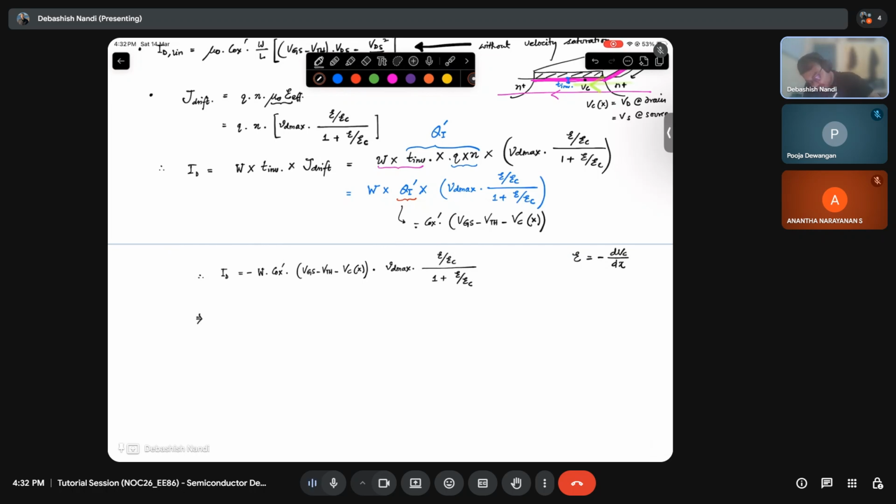So what you can do, you will have ID times 1 plus E by EC equal to minus W times Cox times VGS minus VTH minus Vc of x times VD max times E, I am replacing it with minus dVc by dx, right?